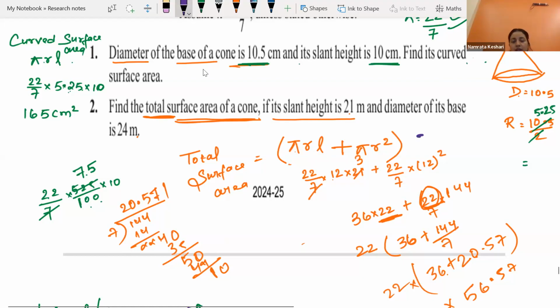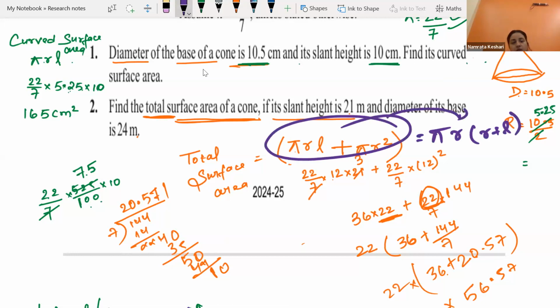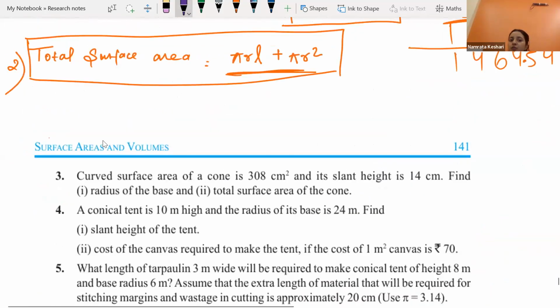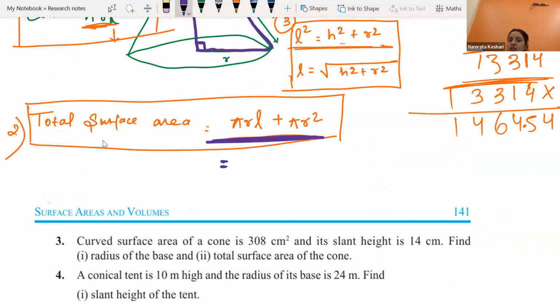Yeah, it's the same thing. Okay. Pi r is common. It's the same formula, r plus l. We can write this one as this one as well, whatever way you are doing the calculation. Yes, everyone, you can write this formula. Basically, this is the formula, and from here only it is coming. That pi r you can take out common, and you will be left with l plus r or r plus l. It's the same thing. Okay.